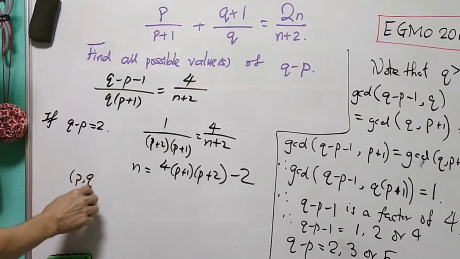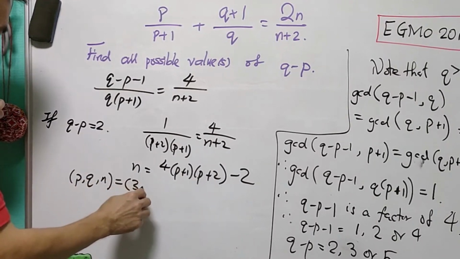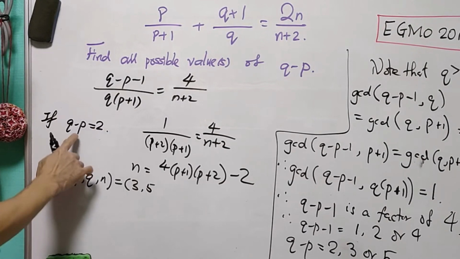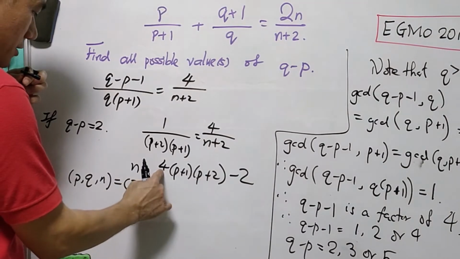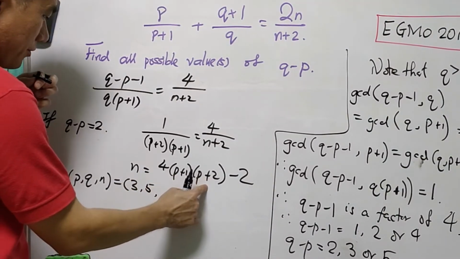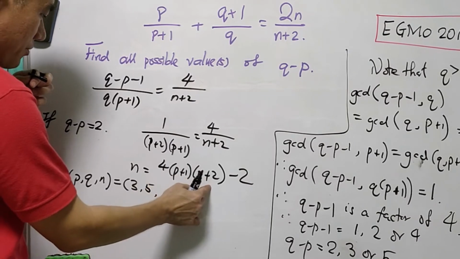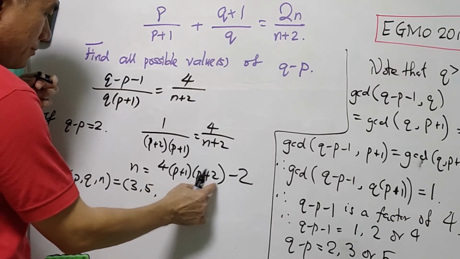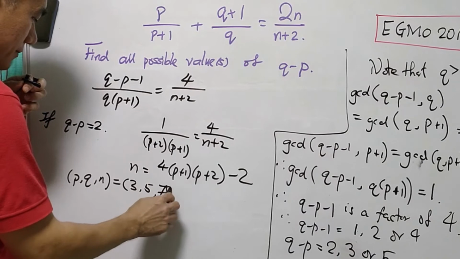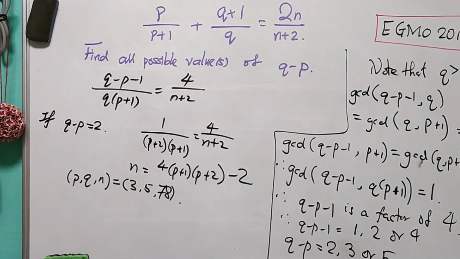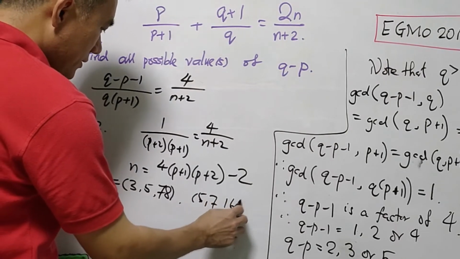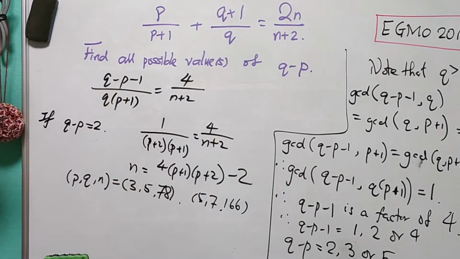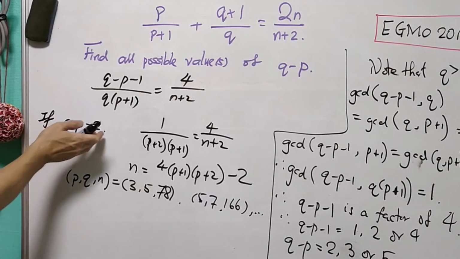For example, when P equals 3, then Q will equal 5. And in this case, this is 4 times 4 times 5, that is 16 times 5, which is equal to 80. 80 minus 2, that is 78. So this is one possible solution, and there are many more. Now we settle Q minus P equals 2.